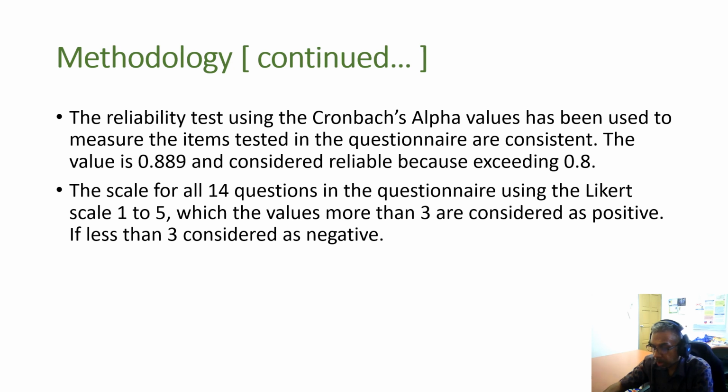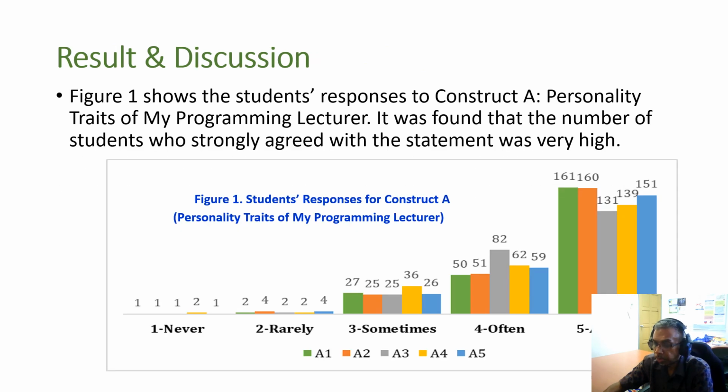The value of reliability is 0.889, and this is considered reliable because the value exceeds 0.8. The scale for all 14 questions for section 2 uses the Likert scale from 1 to 5, where 1 or 2 is considered a negative response, 3 is moderate, while 4 or 5 is a positive response.